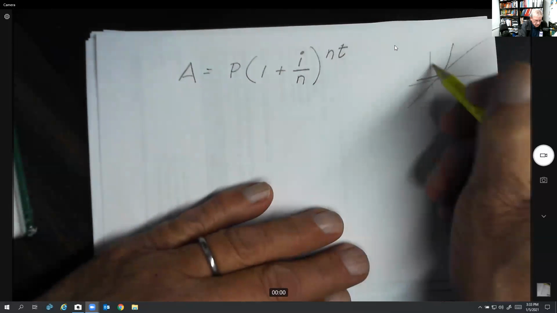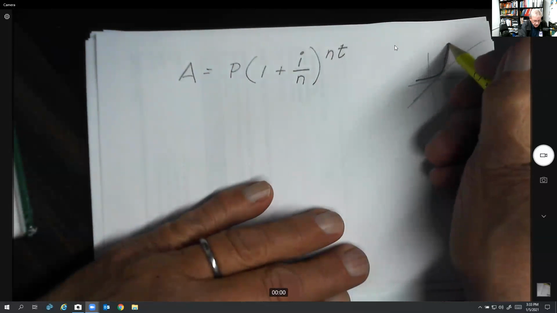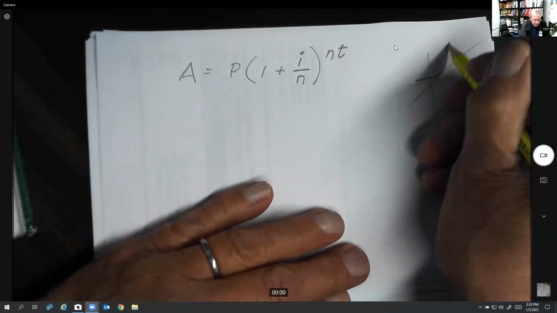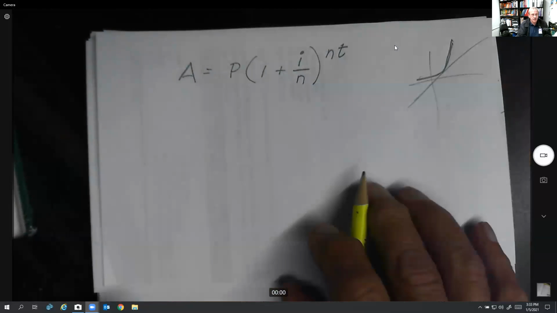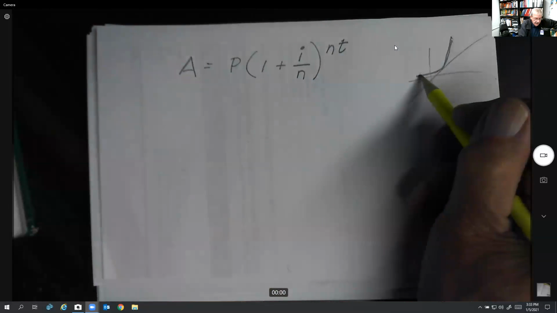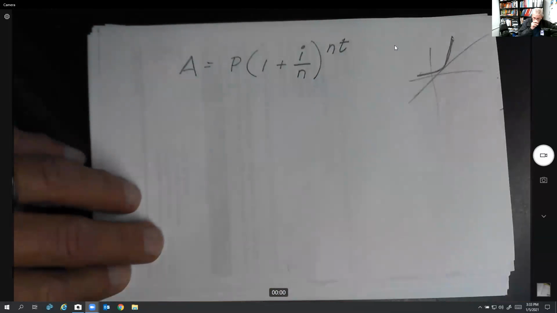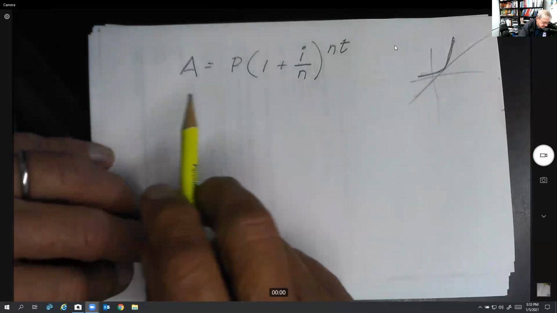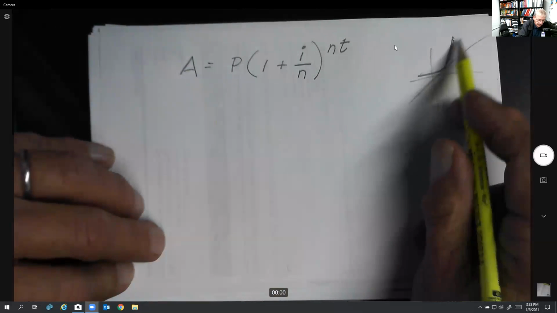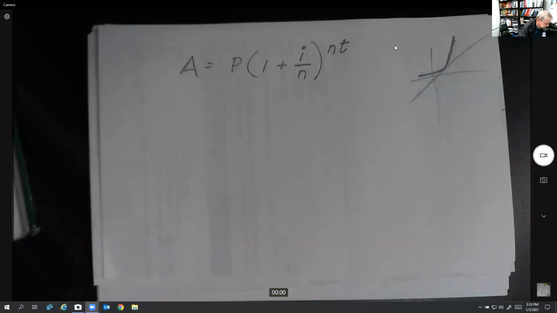See, this has exponents, so it's going to grow much faster. It starts out slow, but then it grows very fast. If you notice the virus, what's happening with the virus right now? It's accelerating. We see 1 out of every 4 people tested are showing signs of having the virus. So it's growing very rapidly.